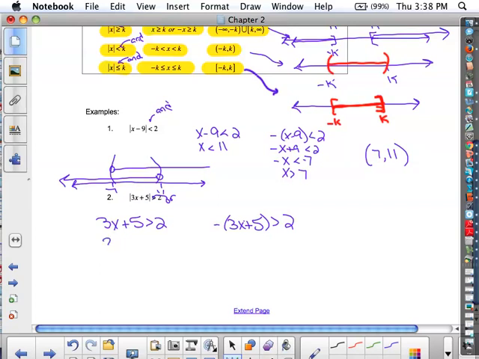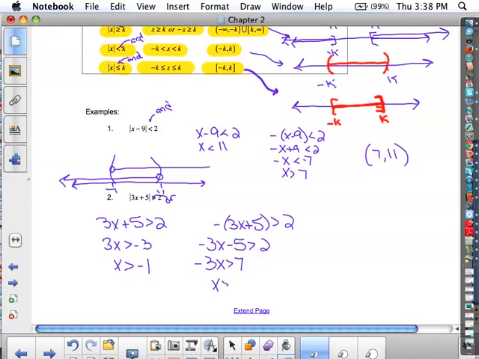So when I solve this, 3x is greater than negative 3, so x is greater than negative 1. Over here, minus 3x minus 5 is greater than 2. Minus 3x is greater than 7, so x is less than negative 7/3.